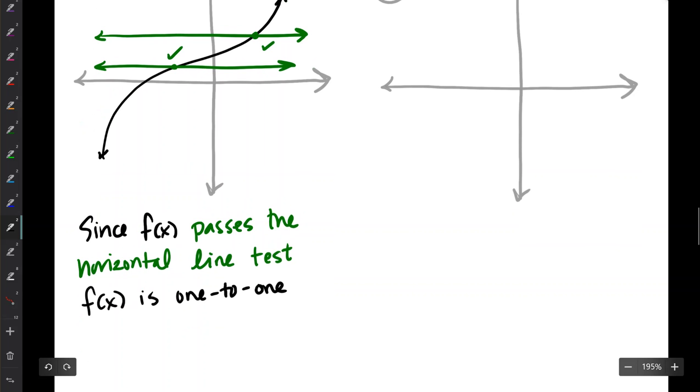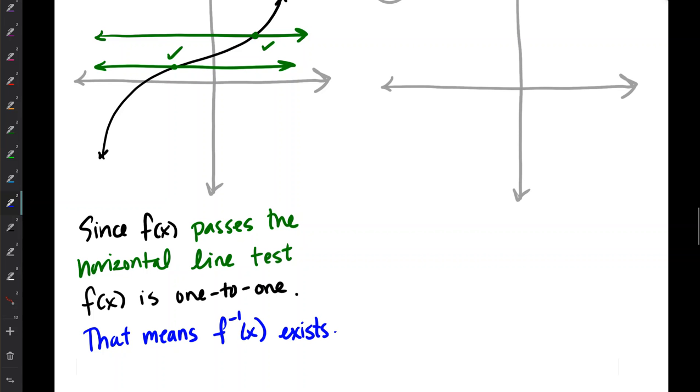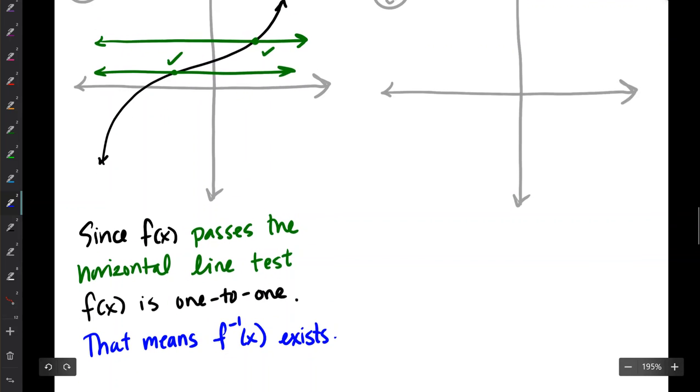And why do we care about that? That means f inverse exists. It has an inverse function. Let's do one more example.